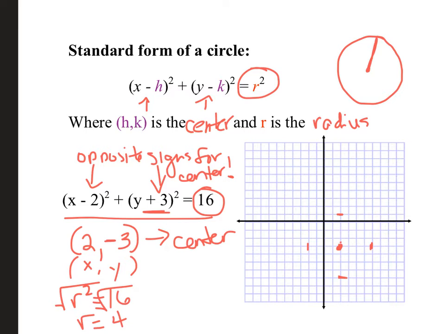So the center was 2, negative 3, and since the radius was 4, I go 1, 2, 3, 4 boxes, and I have one of my points on my circle, and then I just do my best to connect them. Okay, that's all there is to a circle.